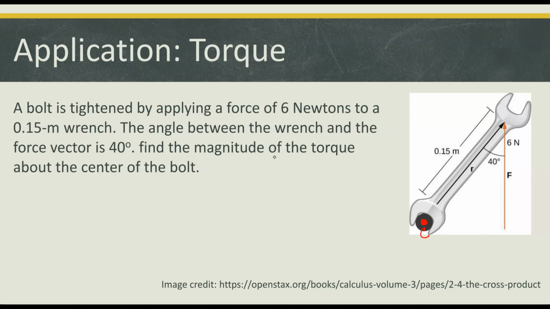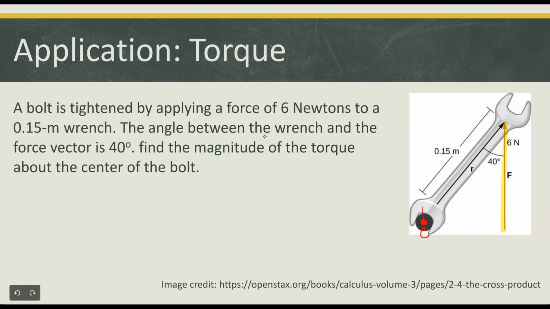So we can see that this force is being applied here on the end of the wrench. And that's not where the center of rotation is. So what we're going to do is translate that to the center of the wrench. So we're going to consider our force vector to look something like this.